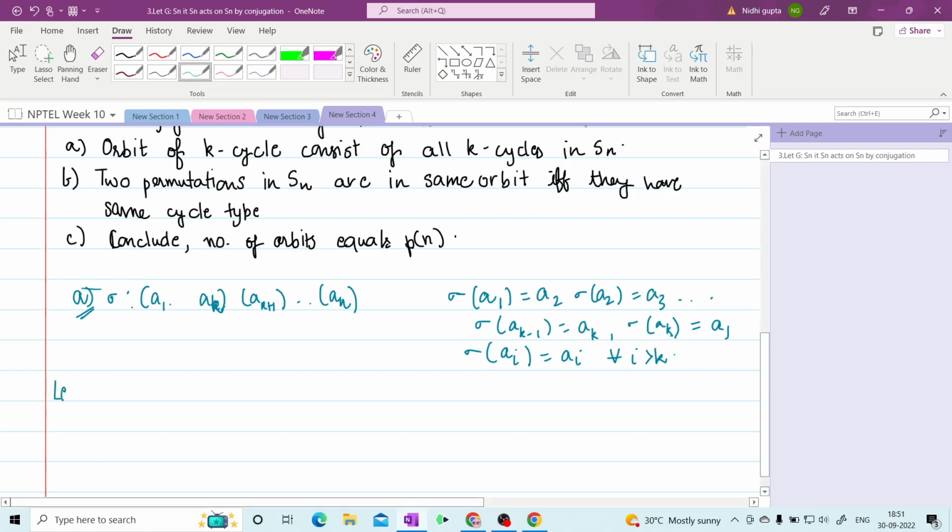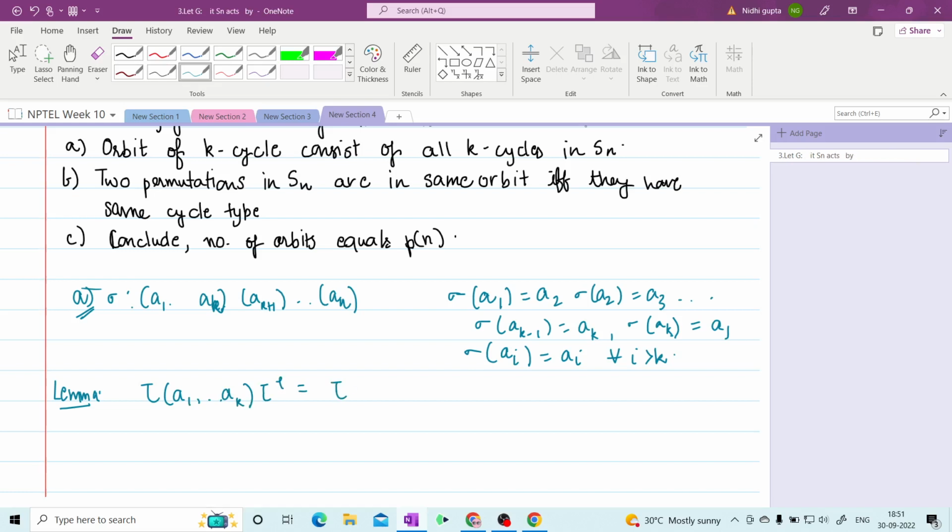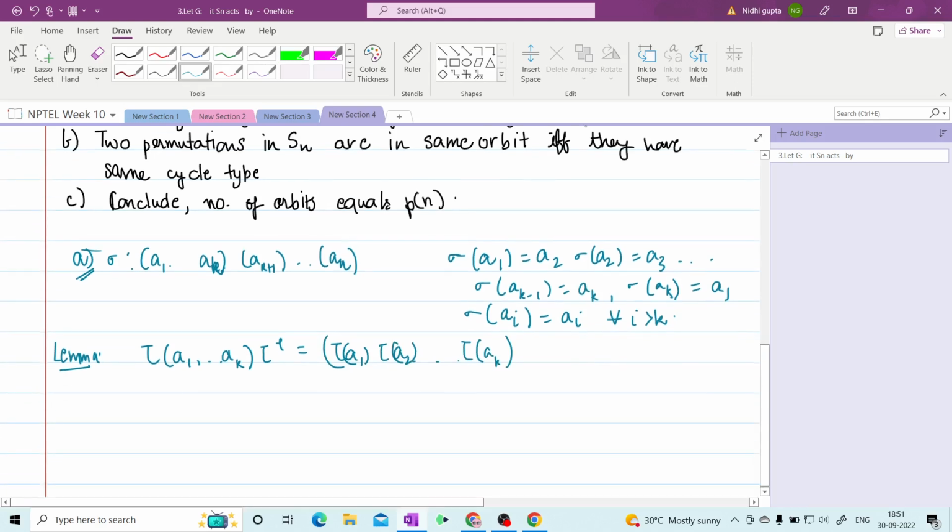So for proving this, first we prove this lemma: if σ is this, then τ(a1 ... ak)τ⁻¹ is nothing but (τ(a1) τ(a2) ... τ(ak)).